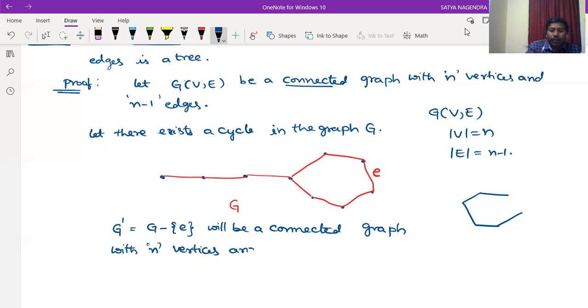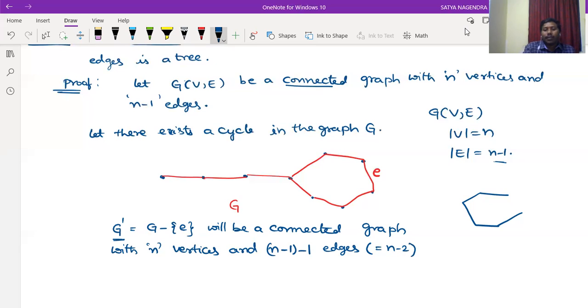And the edges: in the given graph, how many edges are we taking? n minus 1. From those n minus 1 edges, you are removing one edge, so totally there will be n minus 2 edges in the new resultant graph.